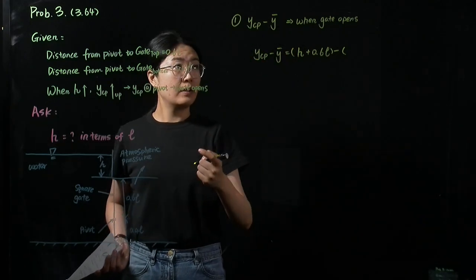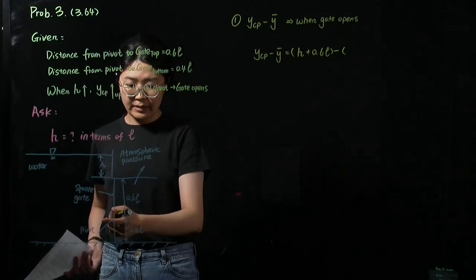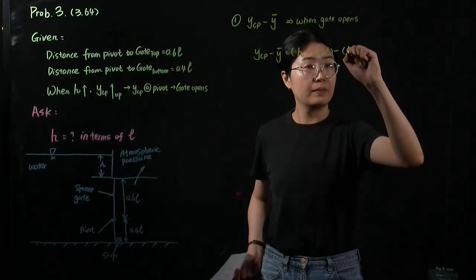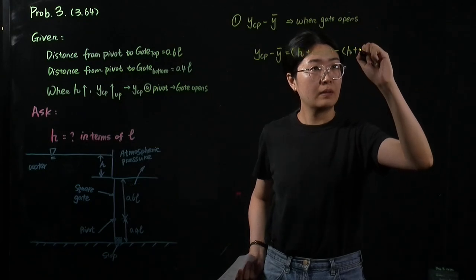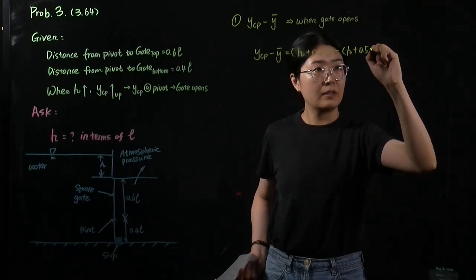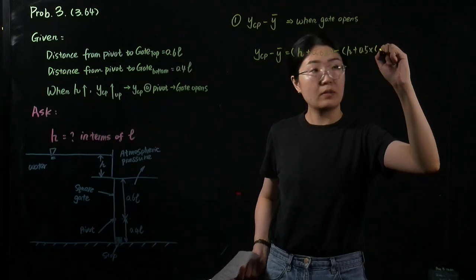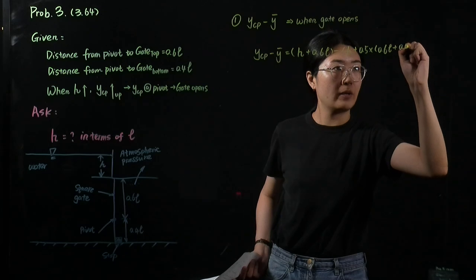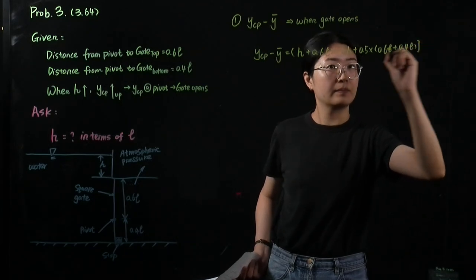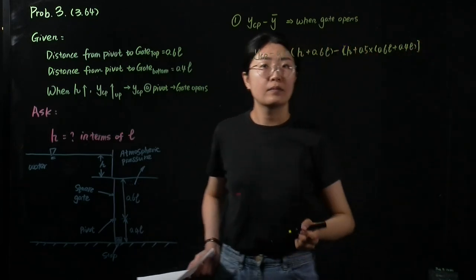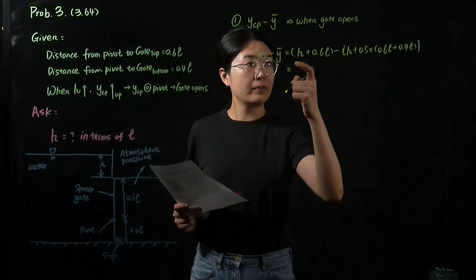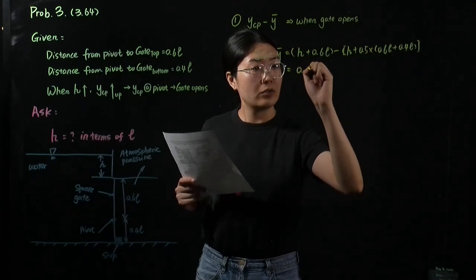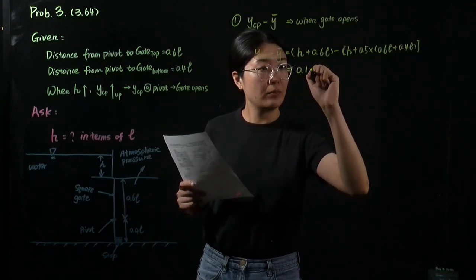Okay, so the location of the centroid should equal h plus 0.5 times 0.6 L plus 0.4 L. Okay, so after we calculate this equation, we get it equals 0.1 L.